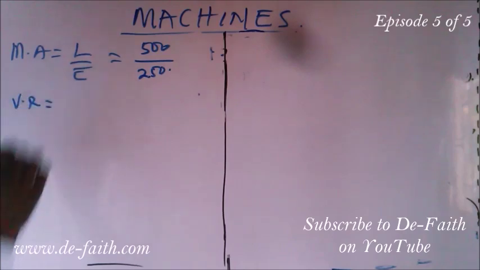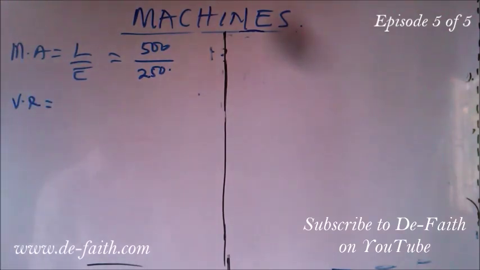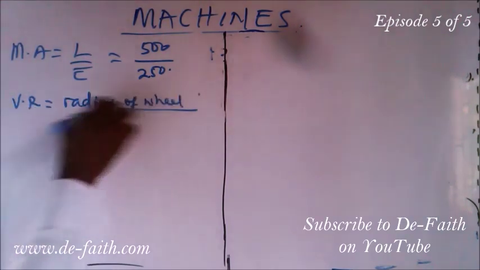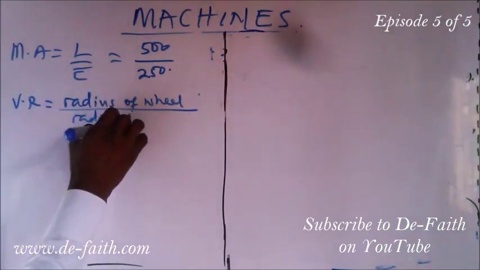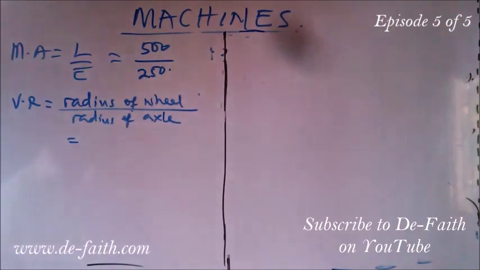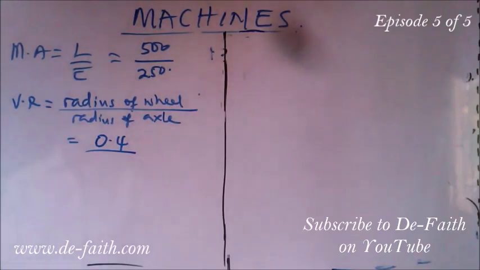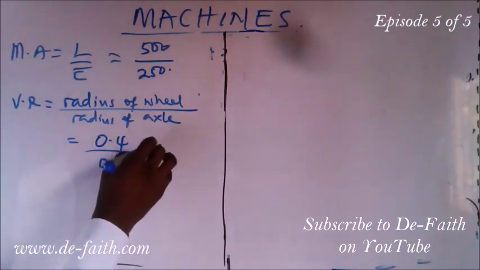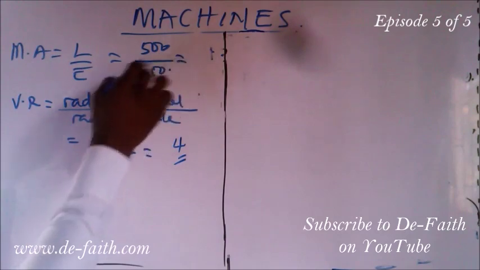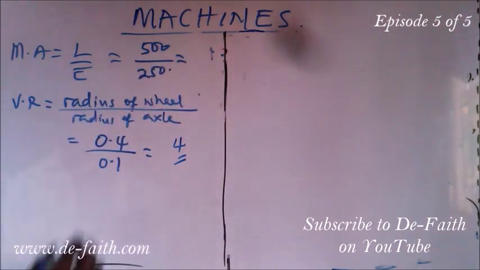The velocity ratio in this wheel and axle will be the ratio of the radius of the wheel over the radius of the axle. The radius of the wheel given in this question is 0.4 and the radius of the axle is 0.1, and this will give us 4. And over here too, 500 divided by 250 gives us 2.